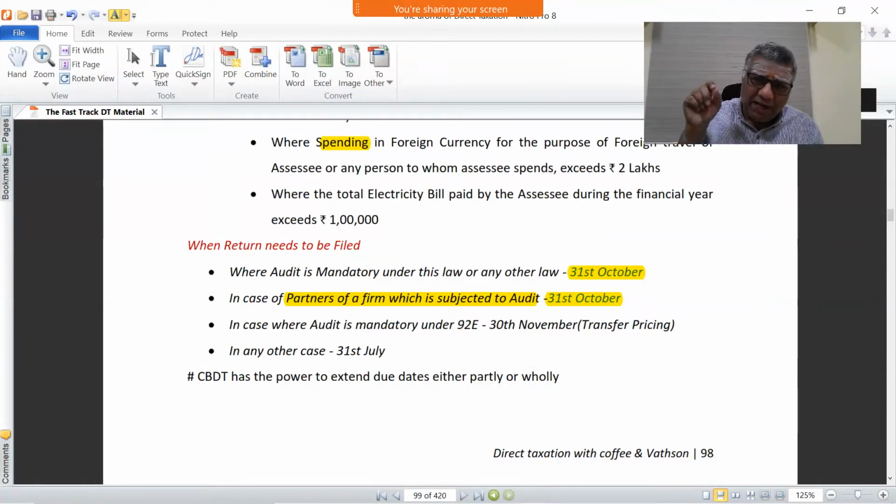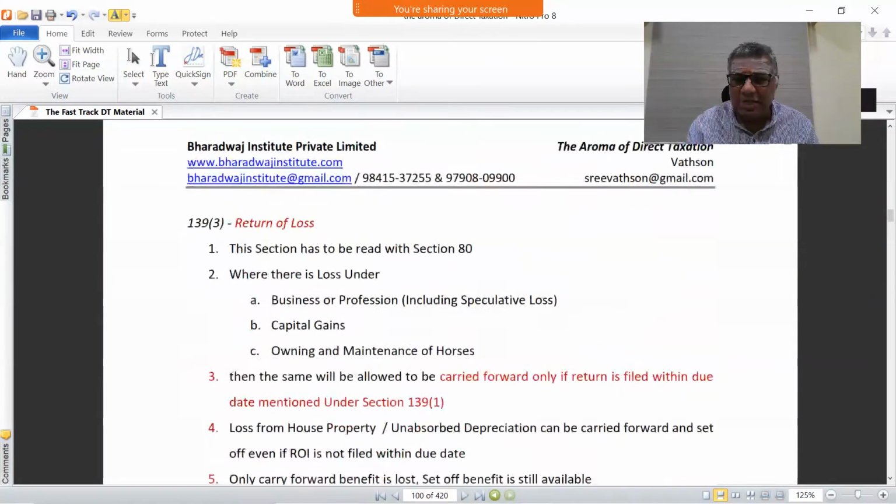Because unless you file your return, section 80 read with section 139 subsection 3, unless you file your return, 3 types of losses cannot be carried forward: business loss, capital loss, and loss from owning and maintenance of racehorse. There are 5 heads of income.